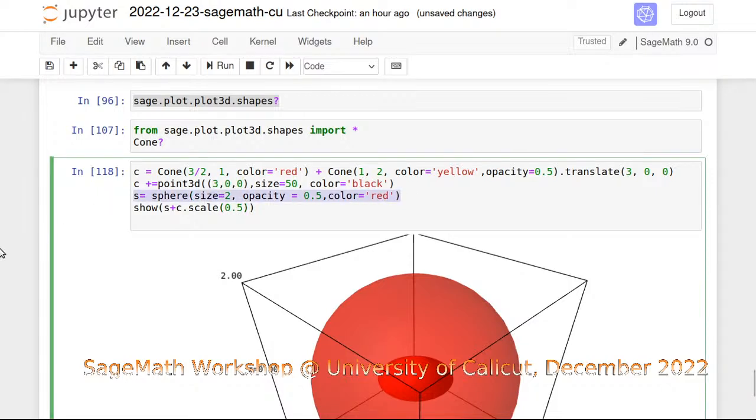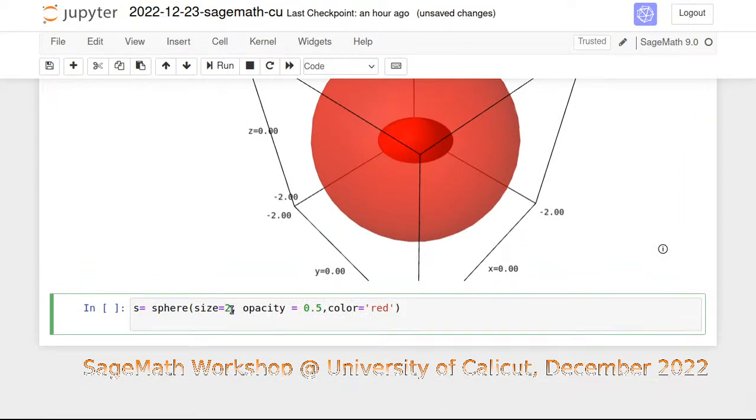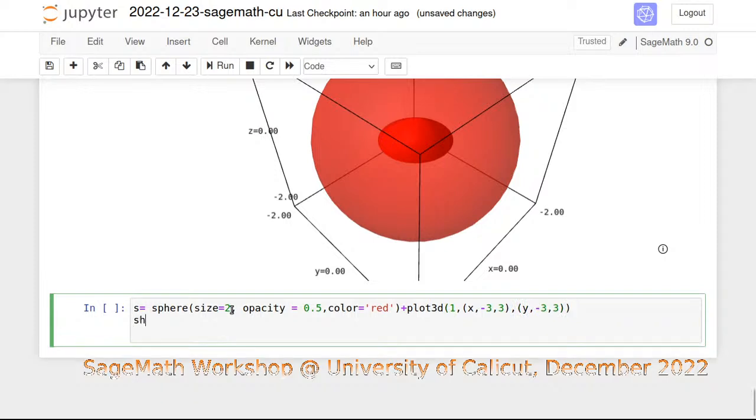Therefore, if we plot a plane, suppose we take this to be the sphere, size is 2. Suppose we add to it a plot 3D, just f of xy equal to the constant function 1, in the range x from minus 3 to 3, y from minus 3 to 3, and show.